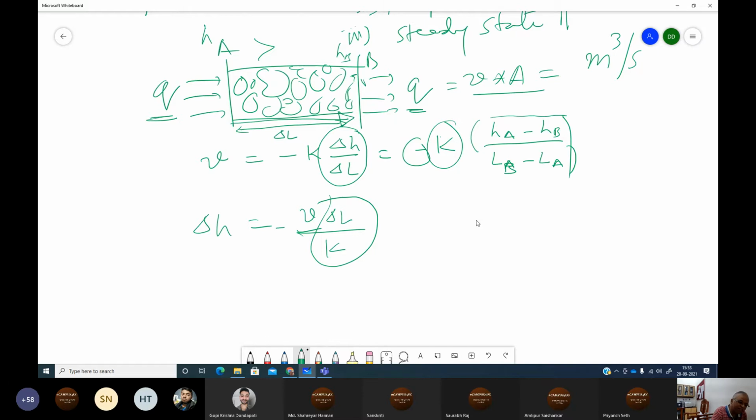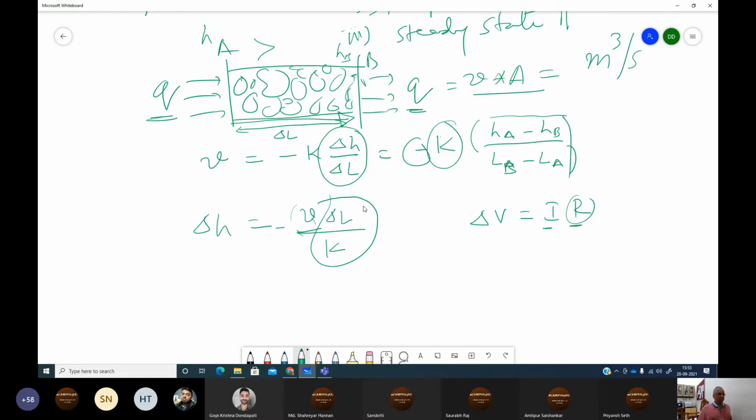So if you compare delta V with I into R, you see this is becoming your I and this is your R. So this is basically giving you the resistance. You understand? So it is basically the same thing you have studied in current. Water also is the same. And the first time Darcy gave this, I think a French scientist, and that's why it is in his name, Darcy's law.